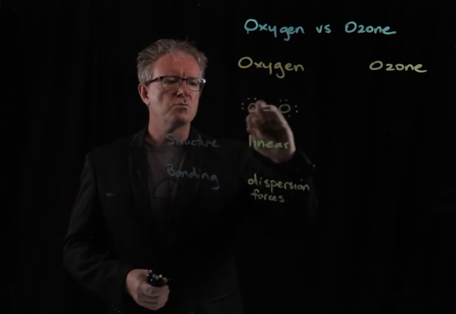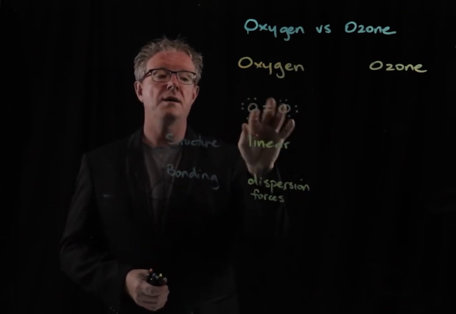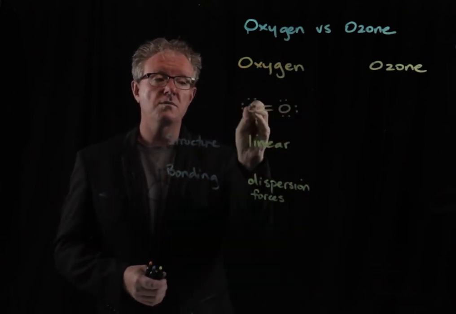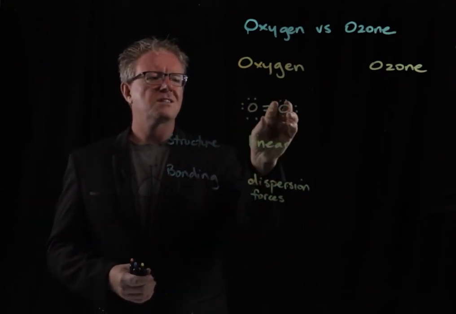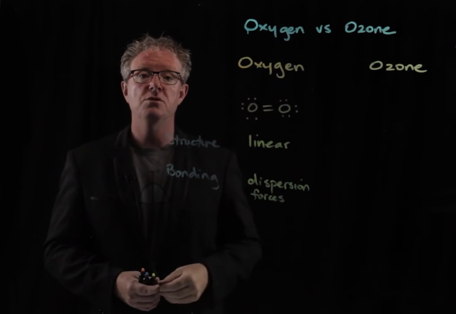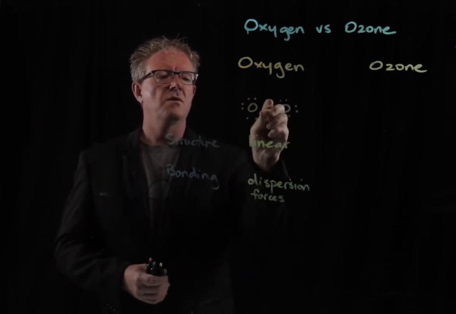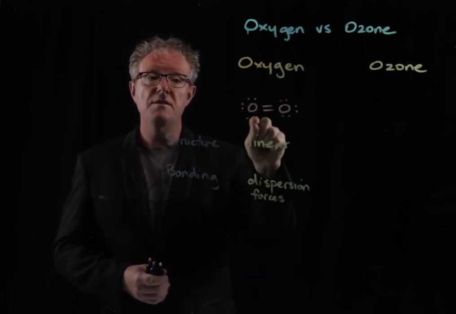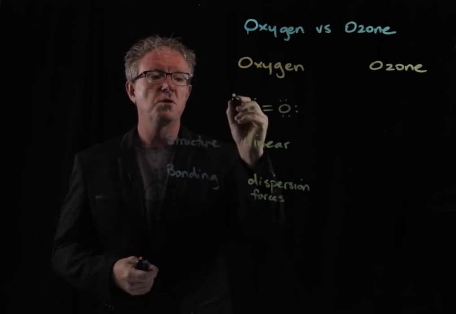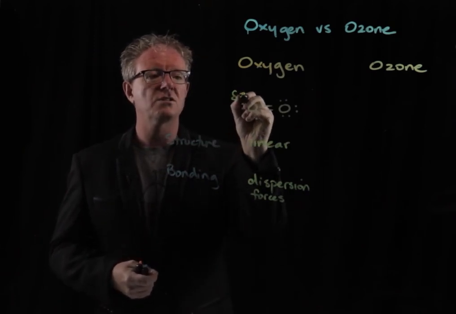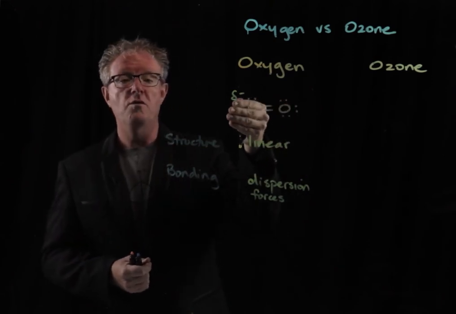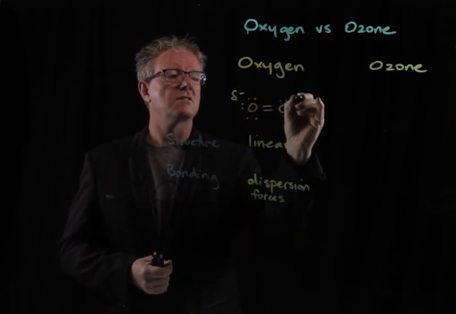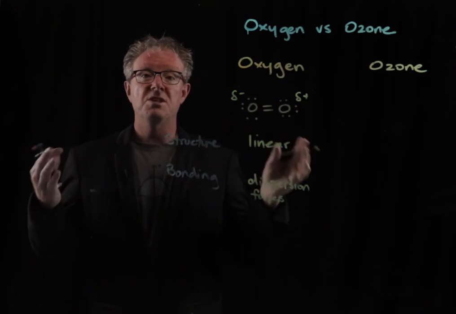So the electrons are moving around the oxygen atom and around the double bond, holding them together. But at any one moment there can be a slight unequal distribution of electrons, and so they might be spending a little bit more time around this side of the oxygen just momentarily, and that gives it a slight delta negative charge. Then around here, because they're spending more time over on the left hand side, this can have a slight positive charge, but that's only transient.